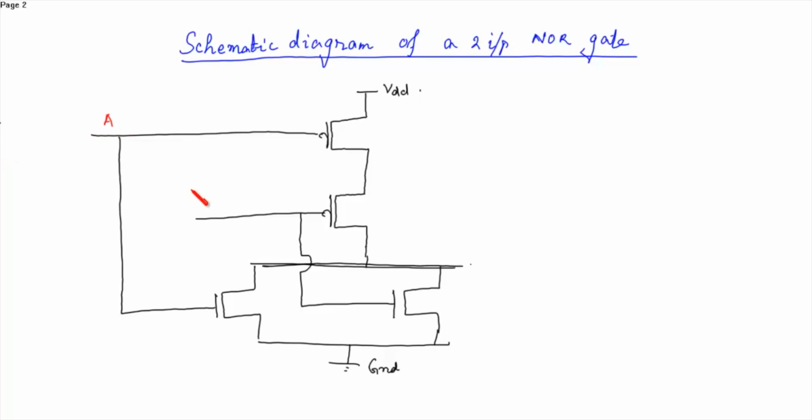This is the input A, input B, and this is the output Z. This is P1 MOSFET, P2 MOSFET, and this is N1, and this is N2.